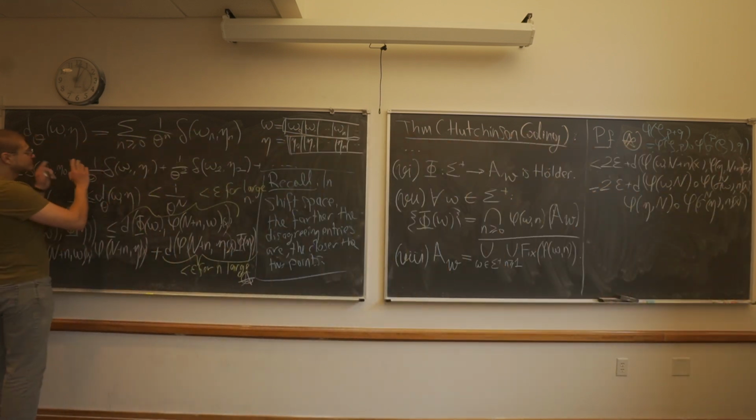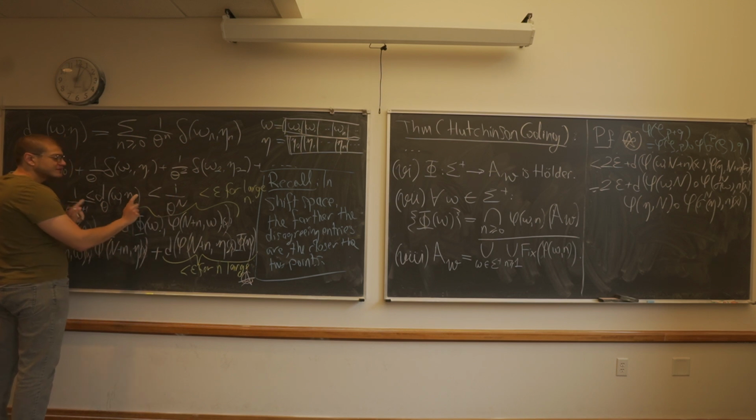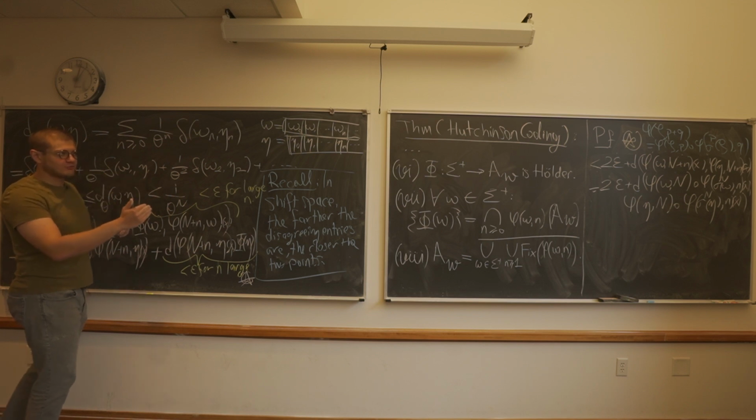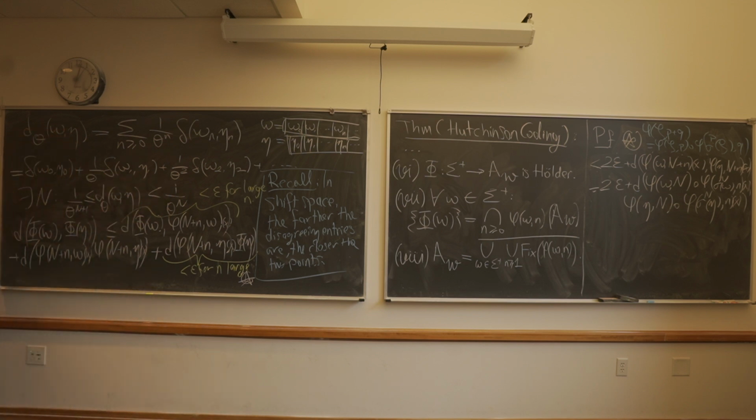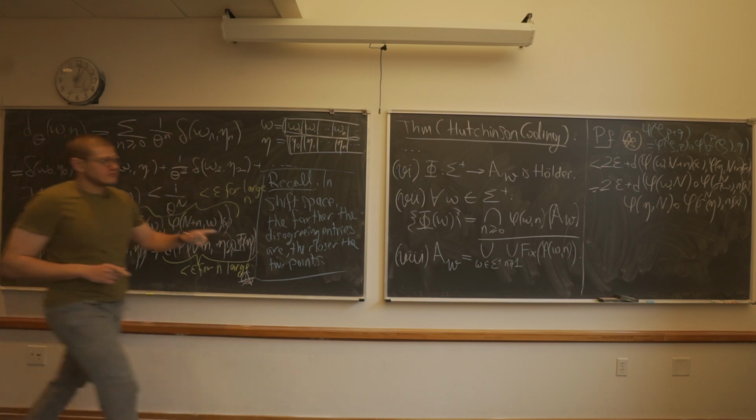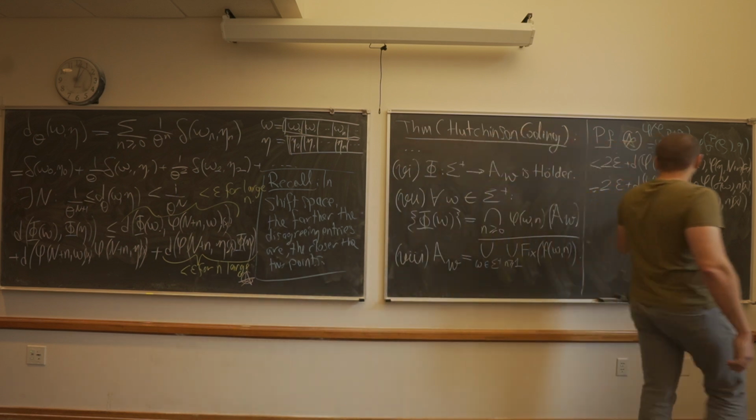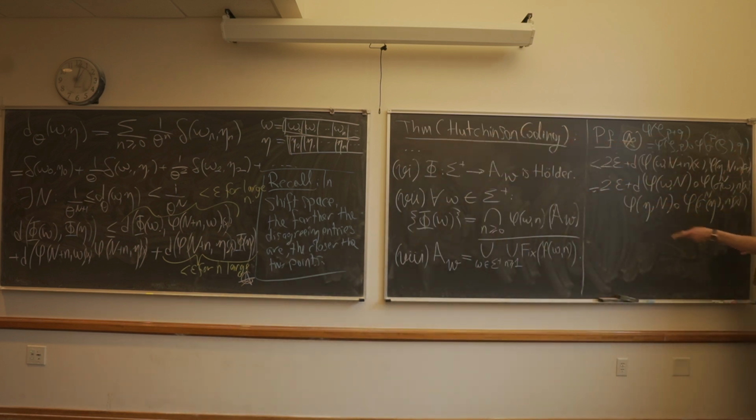We said that I chose this capital N such that this happens. In order for this to happen, it must be the case that the first n terms of omega and eta are the same. Now, even though omega quite possibly is different, it's a different sequence than eta, I know that the first n terms coincide, which means that this contraction is actually the same contraction as that contraction. Okay?